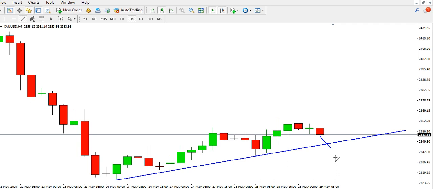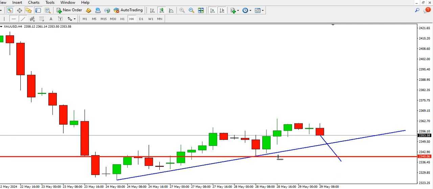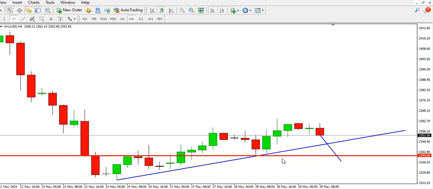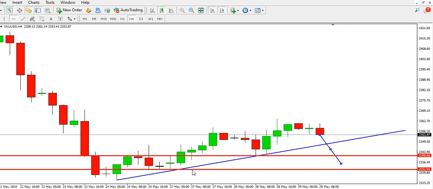I'm talking about the 2340 low. We might see a break of this low, and price might drop to test the next low. The next structure is at 2331.